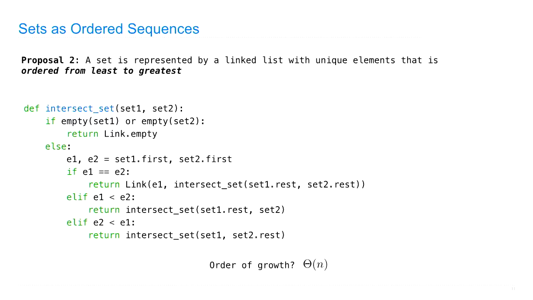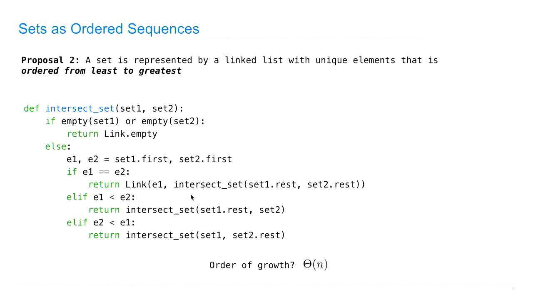Why does it only take linear time? Well, the total length of set 1 and set 2 together is 2 times n, a linear amount. And every time we make a recursive call, we're throwing away either E1 or E2 or both of them. I mean, we don't throw them away in this case.